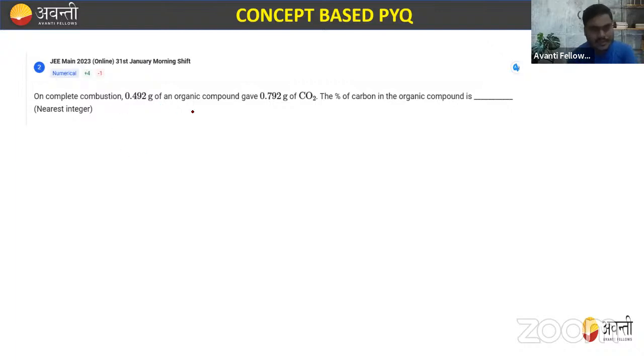So we know that on the complete combustion of an organic compound, let us assume any organic compound, for example, CxHy, when it undergoes complete oxidation in presence of oxygen, it will give CO2 and H2O only, right? Always remember.